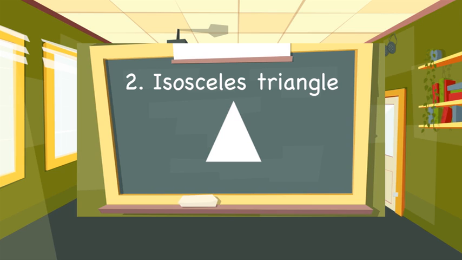And of the 3 interior angles, 2 of those angles are also equal. What about the lines of symmetry? How many lines of symmetry do you think an isosceles triangle has? An isosceles triangle has only one line of symmetry.